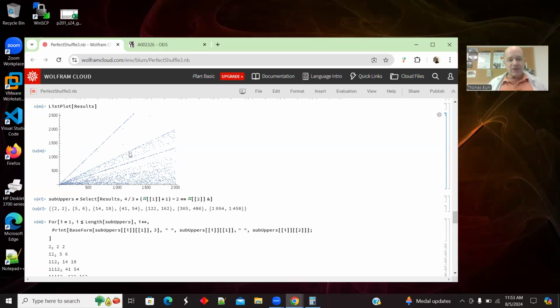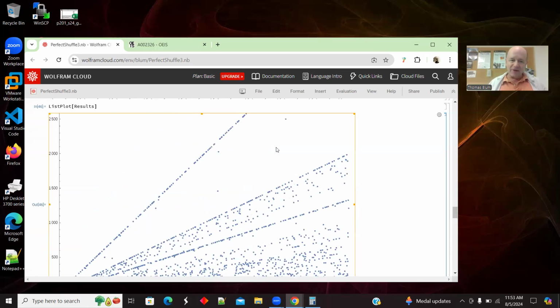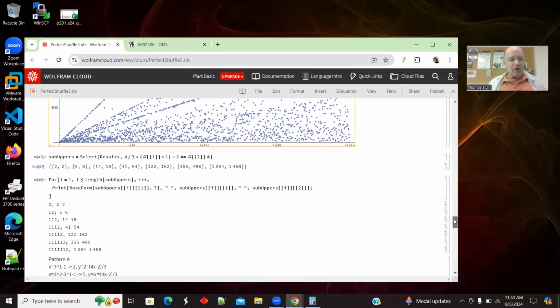What I'm looking at right now are these points in between. There's one line in here that's somewhat prominent that has a slope of 4/3. So I pulled those out so you could see them lining up nicely.